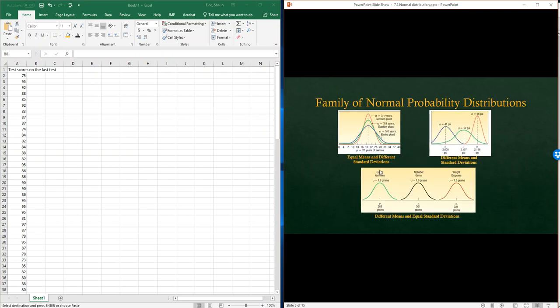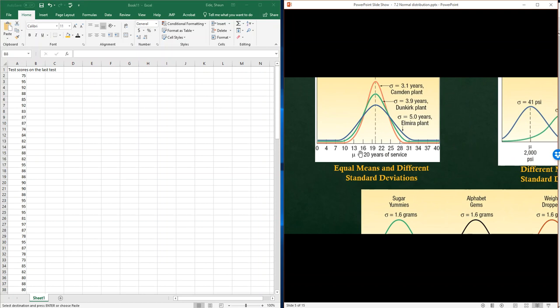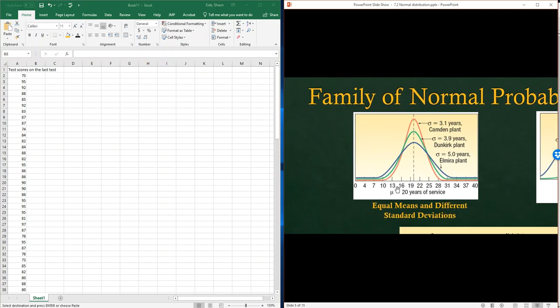So the family of normal probability distributions. Let's see if I can zoom in a little bit. There we go. Here we have equal means but different standard deviations. If you remember previously, we discussed how about 68% of individuals fall within one standard deviation of the mean.